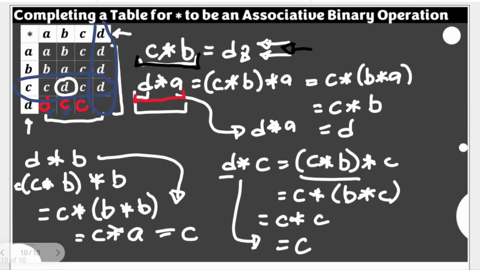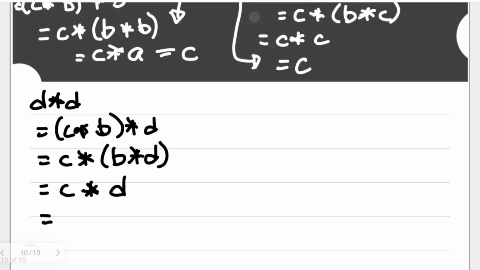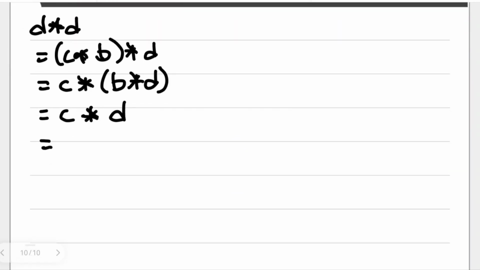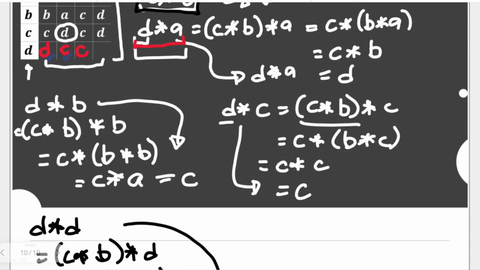I mean, the other way around, C's row and D's column. Your result here is D. This would mean the final answer here is D, and this is also the same as D star D. In short, the final result here is D.